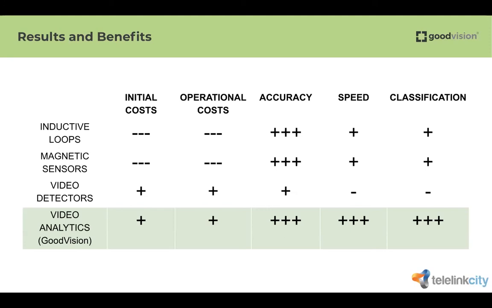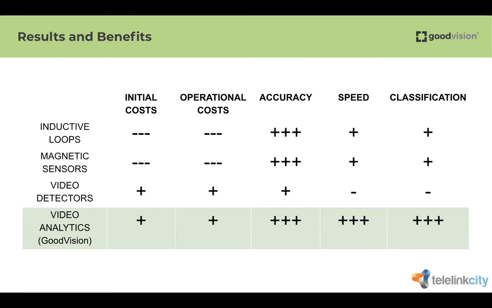Although they have very good accuracy, they cannot measure speed or classify passing vehicles without additional sensors or setups, which further increase the price and the cost of this type of detection technology.